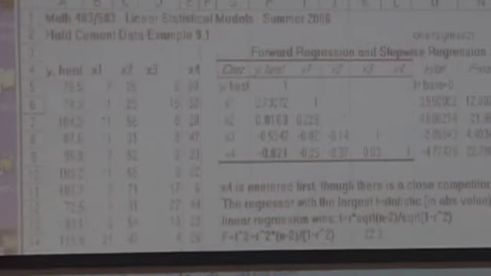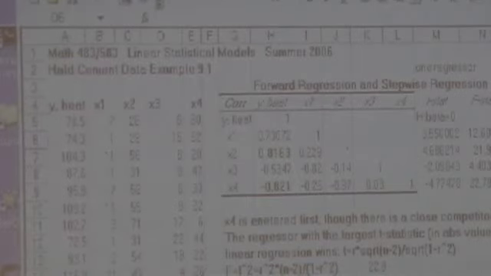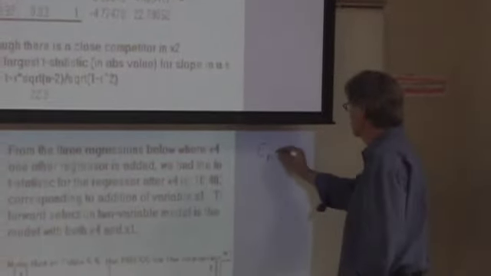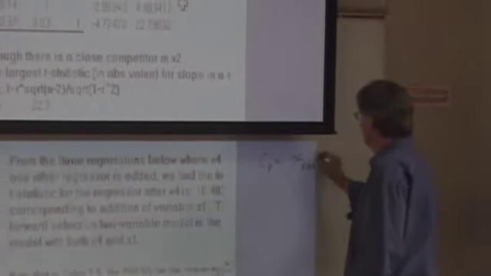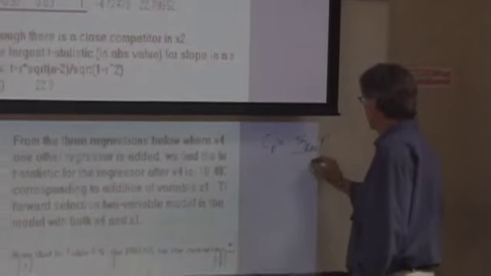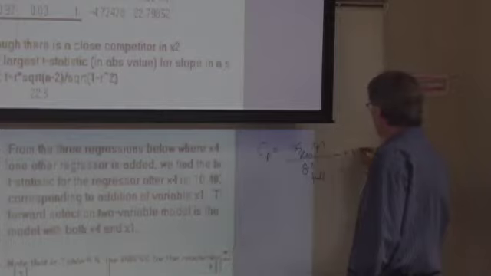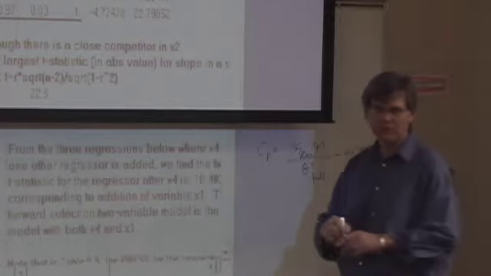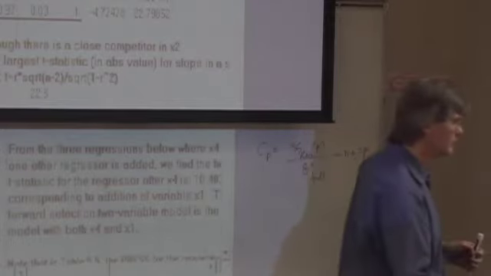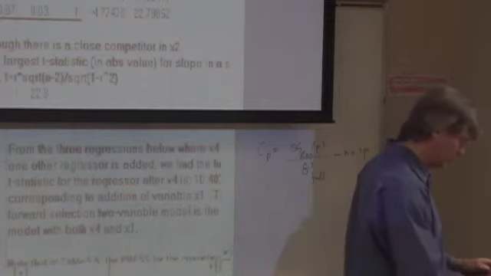So what is CP? What is the definition of CP? CP is SS res P over sigma hat squared full, minus n plus 2p. In the case of simple linear regression, p is 2.